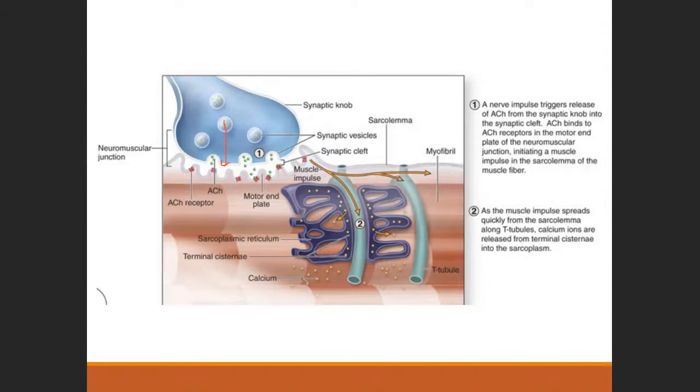It's going to bind with our acetylcholine receptors. We see ions enter the muscle cell, therefore changing its voltage, and we get an electrical change move along our sarcolemma and down our transverse tubules.